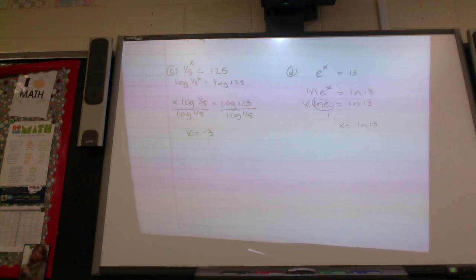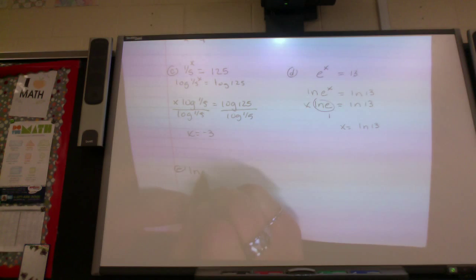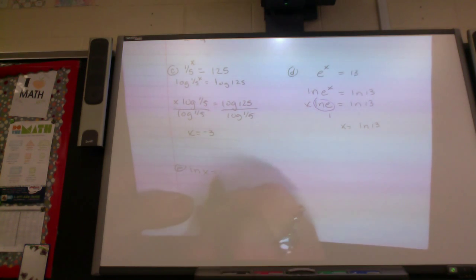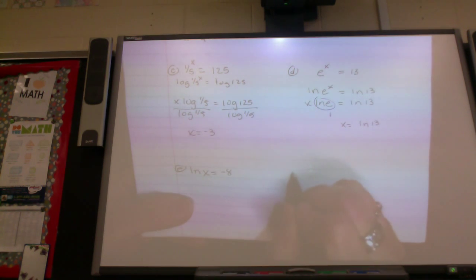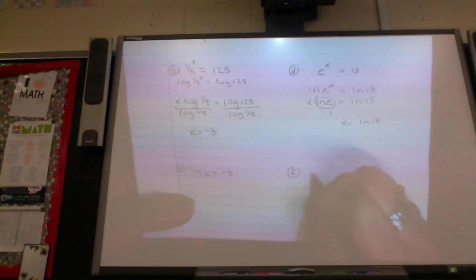E. What do you think about this one? ln of x equals -8. And log of x equals -2.